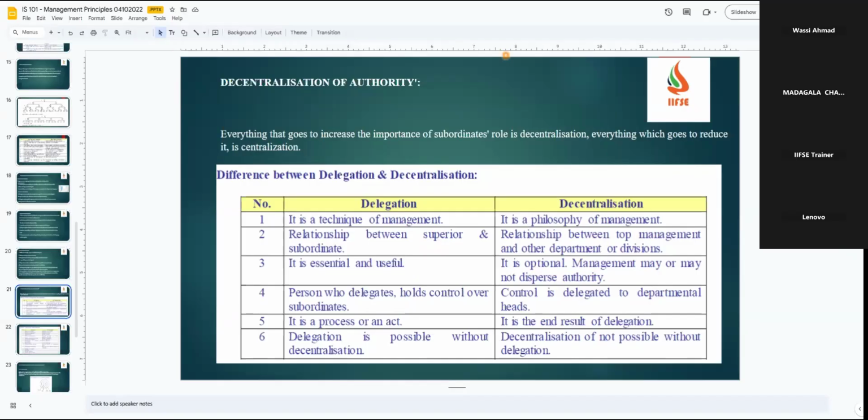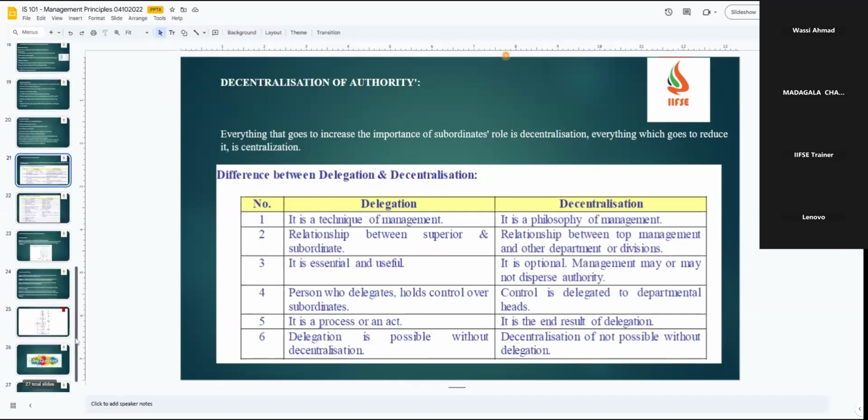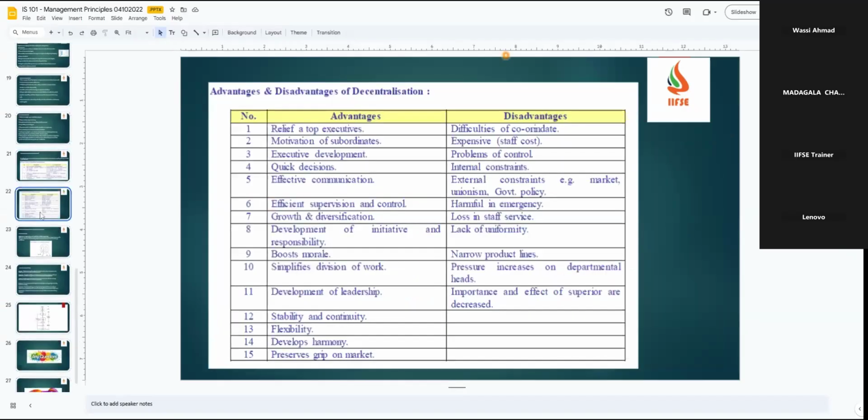So simply giving more responsibilities or response to the management people or subordinates is called decentralization.